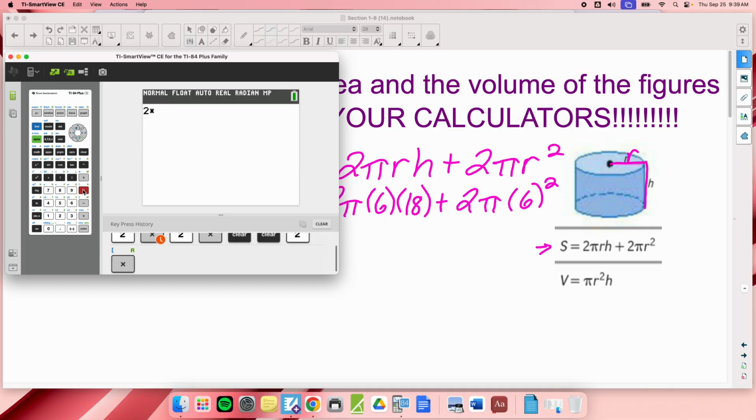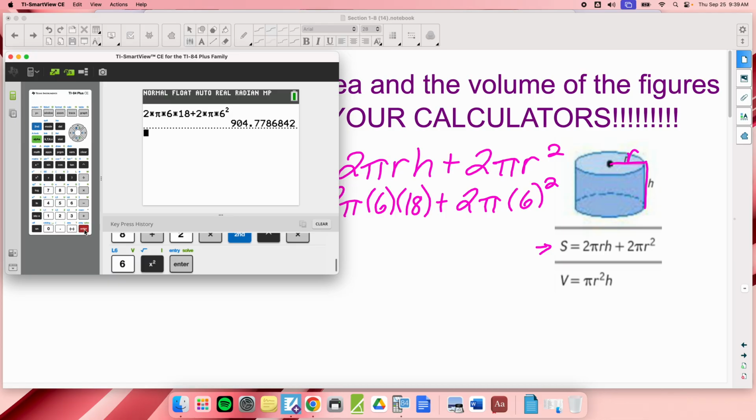So 2 times, on a graphing calculator, the pi key is second and the up arrow. If you have a calculator that's different and you can't find the pi key, please see me and I can help you with that. So it's 2 pi times 6 times 18 plus 2 times the pi again times, and then you would just go 6 squared, enter.